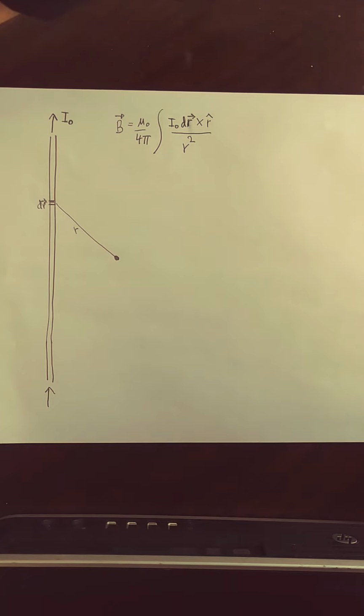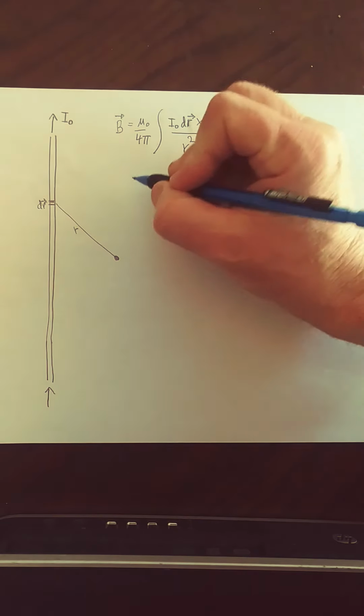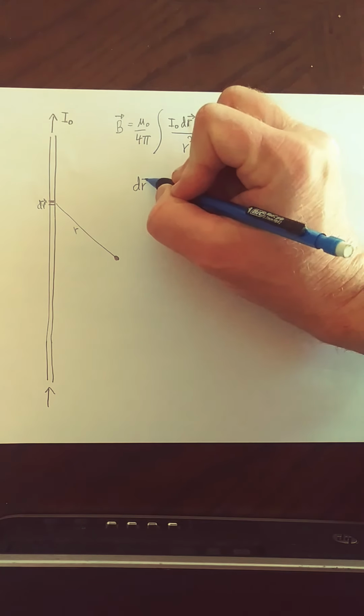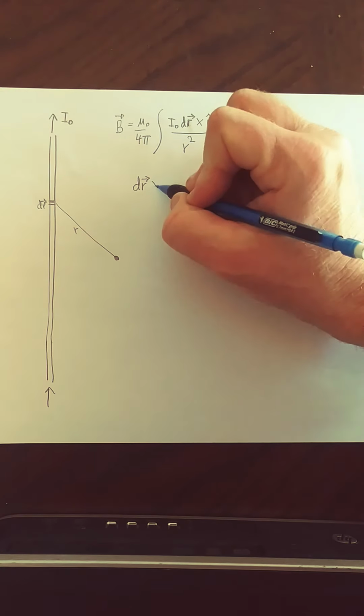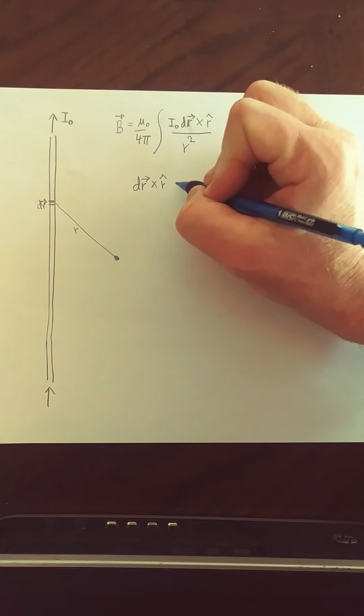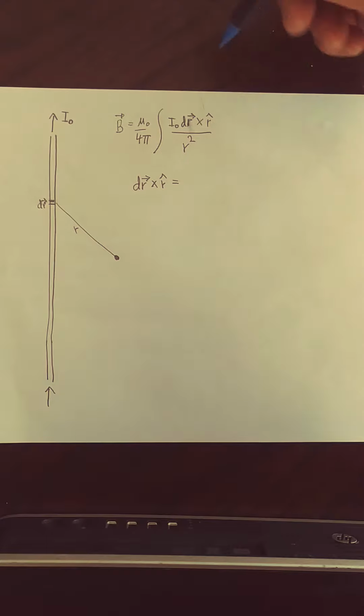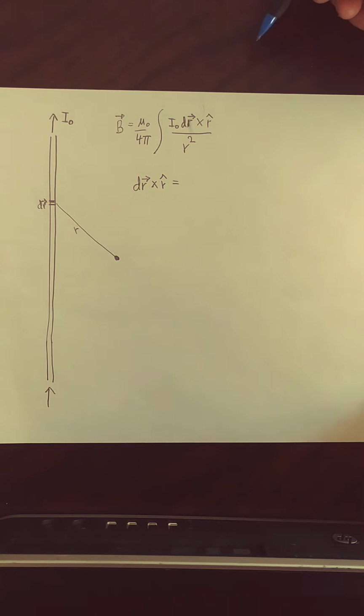Let's first recognize that we need to deal with the cross product there, dl cross r hat, or dr, sometimes it's called dl, same thing. We have to take everything in this expression and write it as a function of the variable of integration.